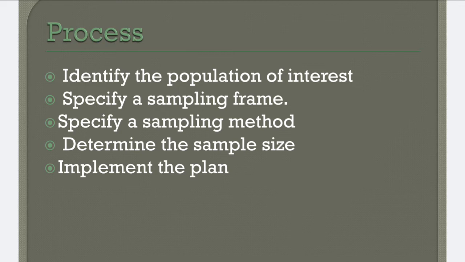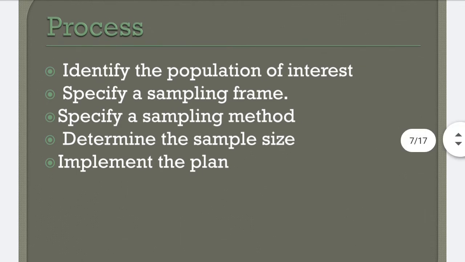Her population is every college student in the world, because that is who she is interested in. The second step is to specify a sampling frame. A sampling frame is the group of people from which you will draw your sample. For example, Aisha might decide that her sampling frame is every student of the university where she works.